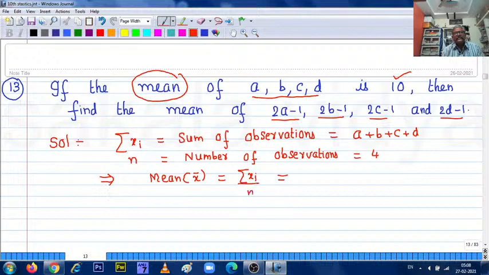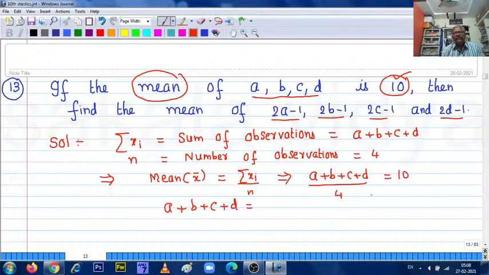So we get (a + b + c + d)/4 equal to how much? Given, that is 10. So cross multiplication, we get a + b + c + d equals 4 into 10, that is 40. Say equation 1. So we know that the sum of the observations is 40.